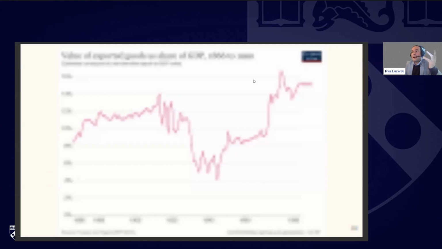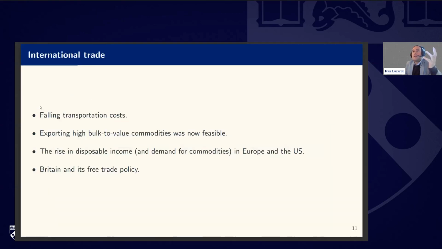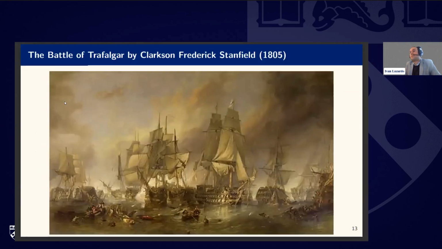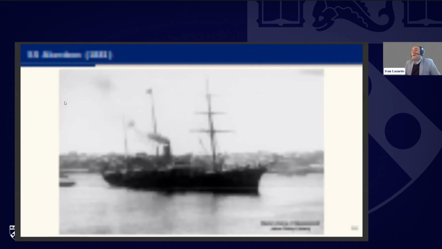So of course that had a tremendous impact on the fall of transportation costs. So technology also opened the window of opportunity for a more integrated world economy.